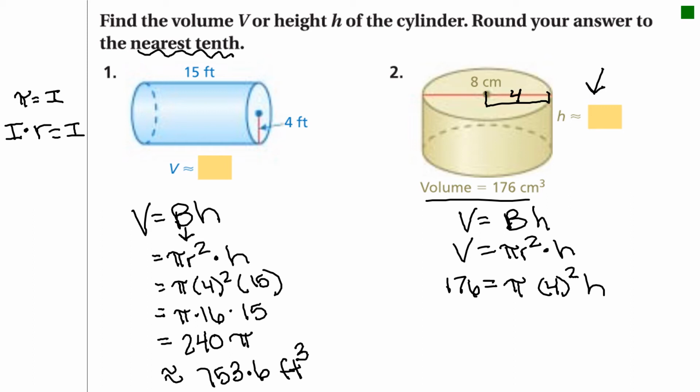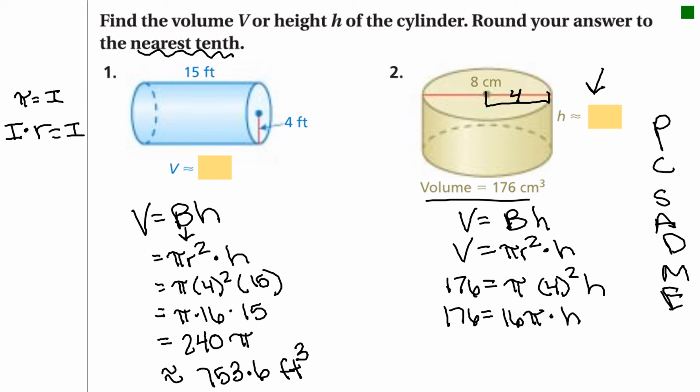And we're going to solve for h. So we have a variable, we have an equal sign, and we're trying to get h by itself, so we're going to go through PEMDAS in reverse, and we're definitely going to have to talk about exponents because we have 4 squared, maybe. Okay, so I'm going to complete all the operations on each side to simplify what's going on, meaning 176 equals 4 times 4 is 16, and 16 pi times h is how I'm going to leave this.